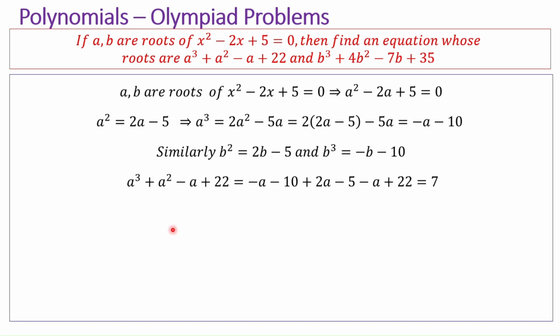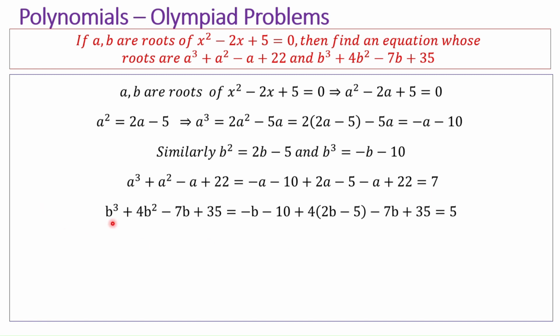Now substitute into a cube plus a square minus a plus 22, which is the value we need. That is minus a minus 10 plus 2a minus 5 minus a plus 22, which is equal to 7. And b cube plus 4b square minus 7b plus 35 is minus b minus 10 plus 4 into 2b minus 5 minus 7b plus 35, which is equal to 5 if you simplify.